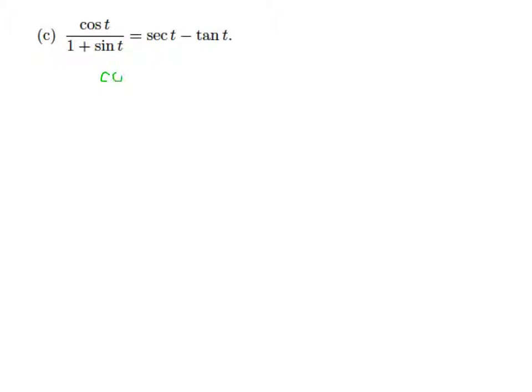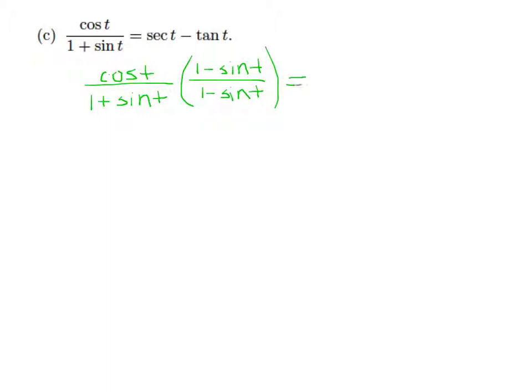So we have cosine t divided by 1 plus sine t times the conjugate, which is 1 minus sine t divided by 1 minus sine t. Okay, and now we can distribute and get cosine t times 1 minus sine t in the numerator. In the denominator, when we FOIL that, we get 1 minus sine squared t.